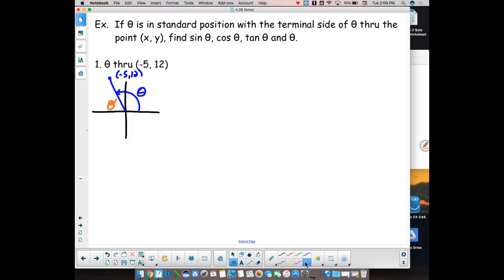So if I take that triangle and I break it out, theta prime would now be here, and I would have a right triangle. I would have a side length down here of 5 and a side length up here of 12.